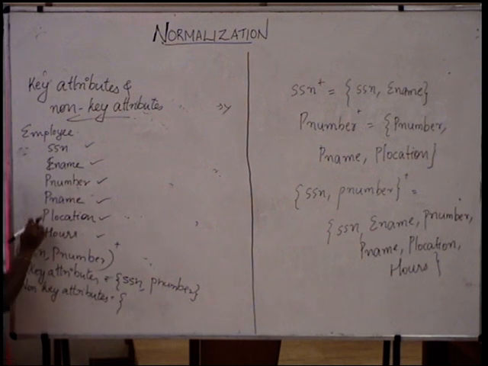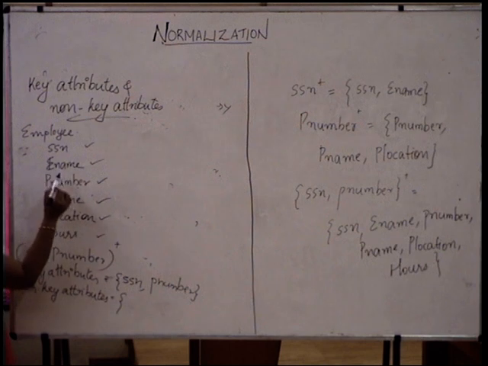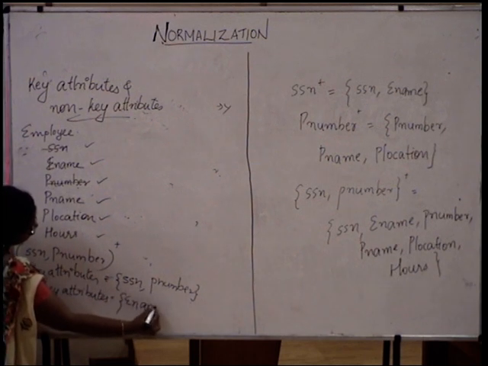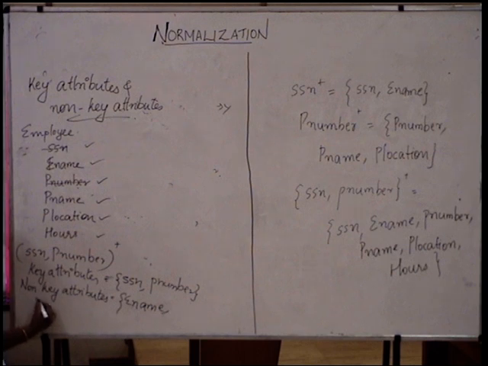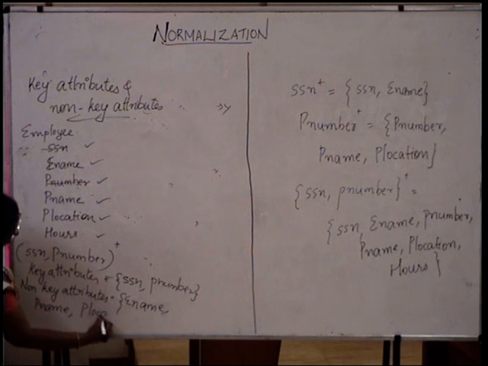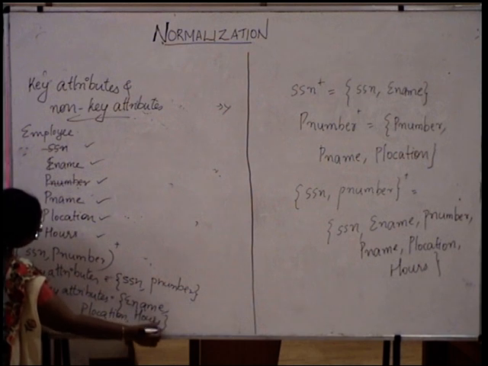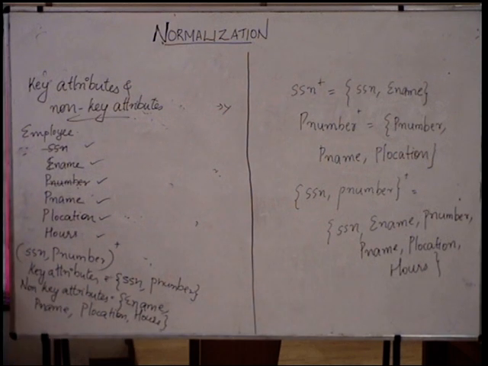That means from the given set of attributes, remove the key attributes. That is E name, P name, P location, comma hours. So these are the key attributes and non-key attributes. This concept of key attribute and non-key attribute is very important for doing the normalization process.